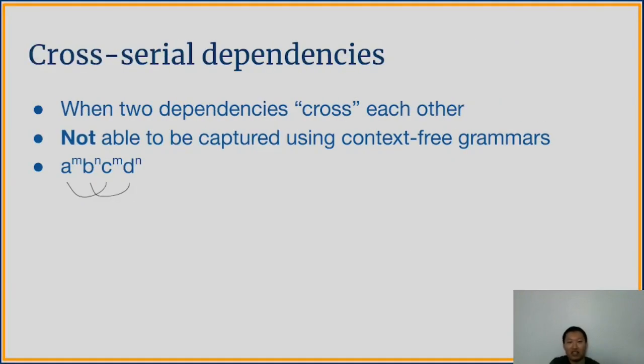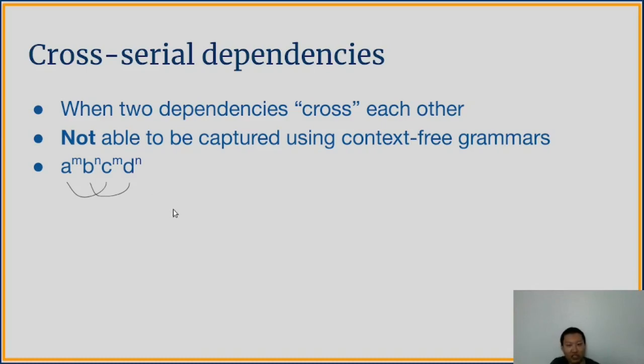Okay, and it turns out the reason that it is not context-free is because it has these things called cross-serial dependencies. Informally, this is basically when we have the a to the m, so the number of a's is the same as the number of c's. So the a's and the c's share a dependency, and I drew that with a little line here. And then the number of b's and the number of d's is also the same.